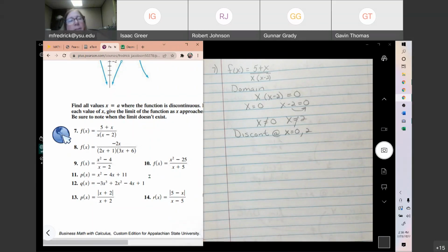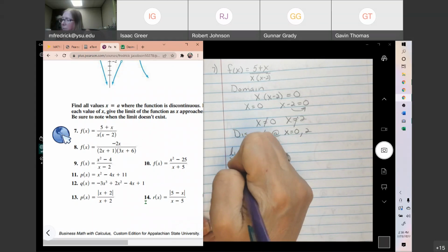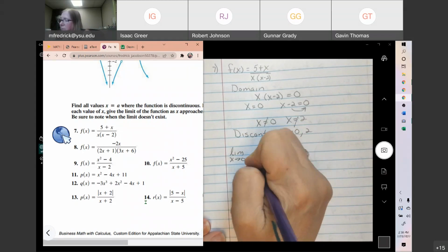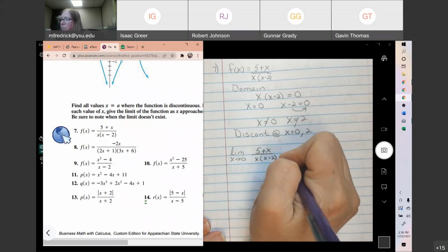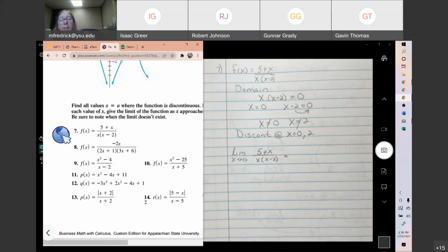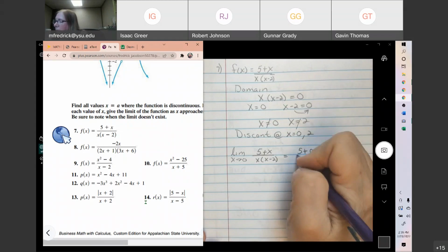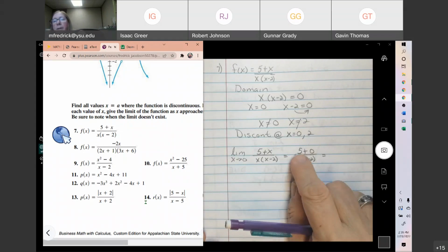It also asks us to find the limit as it approaches that value. So if we look at the first one, the limit as x approaches 0. Well, plug it in, see what happens. Well, when we plug it in, on the top we're going to have 5.